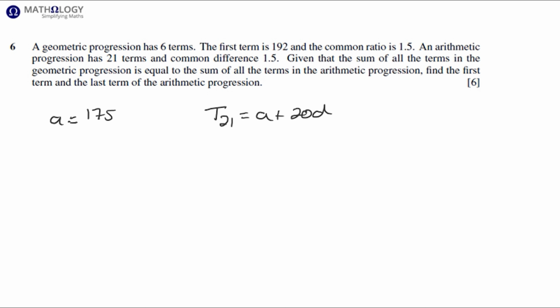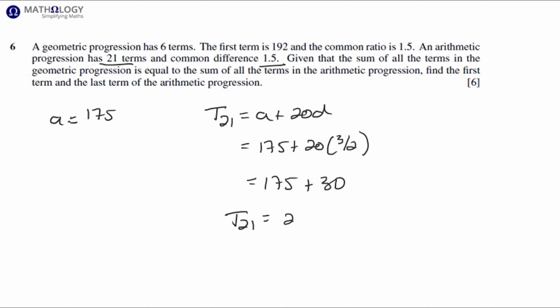We know that because there are 21 terms in the arithmetic progression, a equals 175 plus 20 times d, which is 1.5, 3 over 2, 175 plus 30, so the last term, or the 21st term, equals 205.